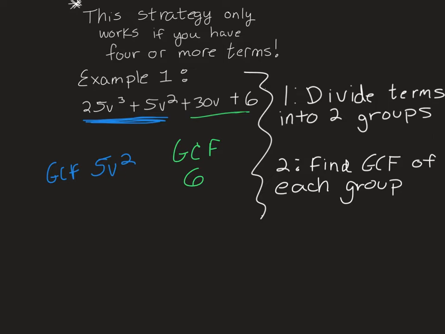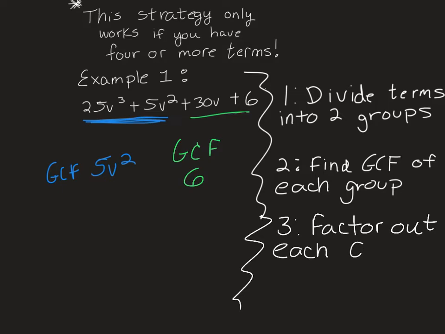So now on to step 3. In step 3, I need to factor out each GCF. I'm going to start with the blue group to show you what I mean.